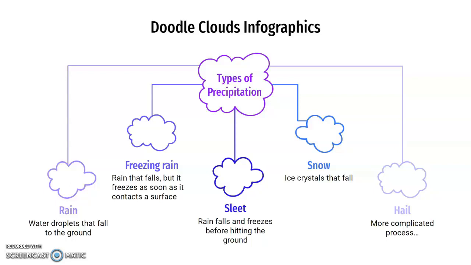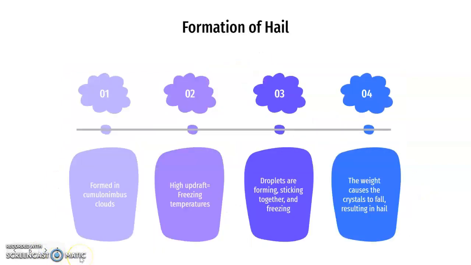And then there is snow, and that's ice crystals that fall. Snow and also rain, like we talked about before, both happen with aggregation. Now, hail, as it says on here, is a more complicated process. The formation of hail happens in a cumulonimbus cloud. In a cumulonimbus cloud, you have higher updraft, and that results in freezing temperatures.